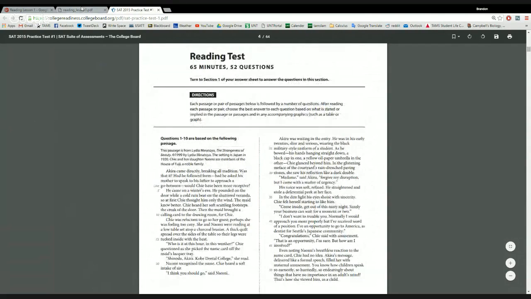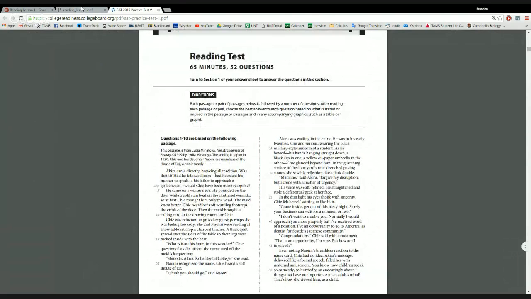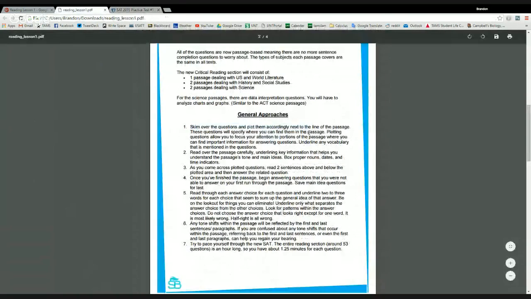You should always attack a reading passage by first going to the questions, skimming them, and making sure that you plot the questions inside the passage. It's easier, and you save time when you go to answer the questions. Now, when you read over the passage, carefully underline key information that helps you understand the passage's tone and main idea.